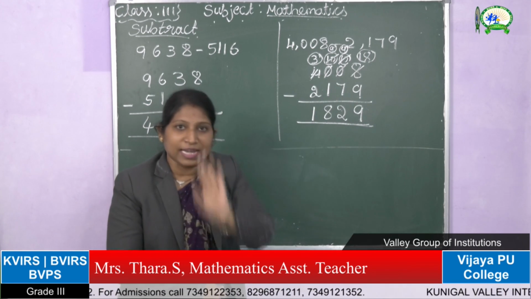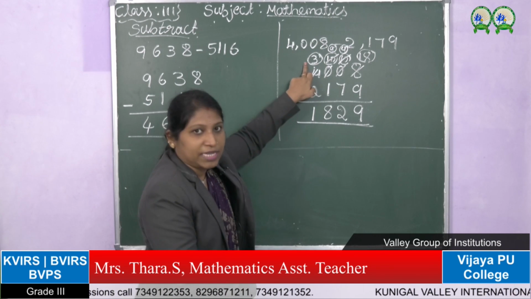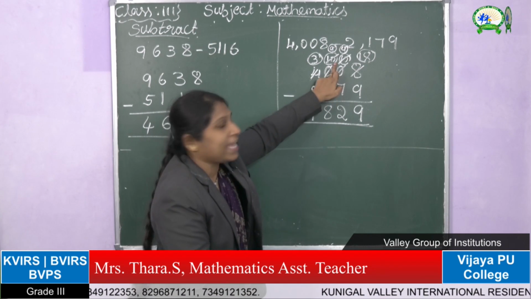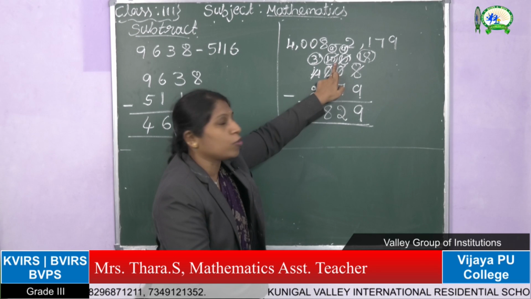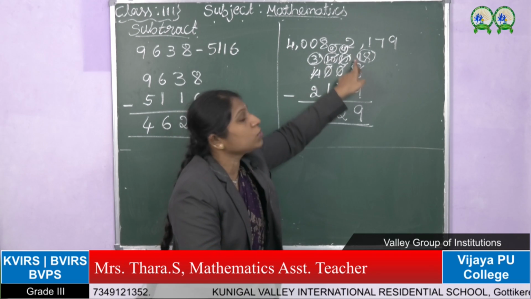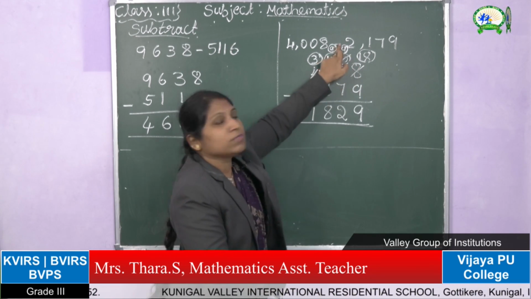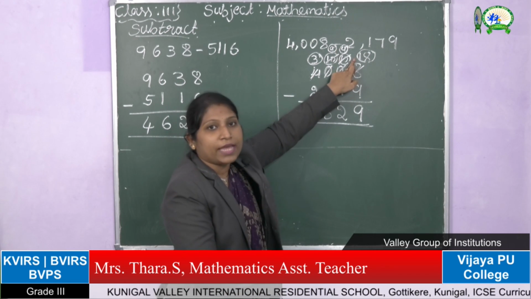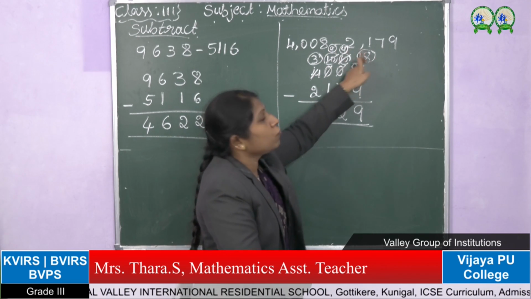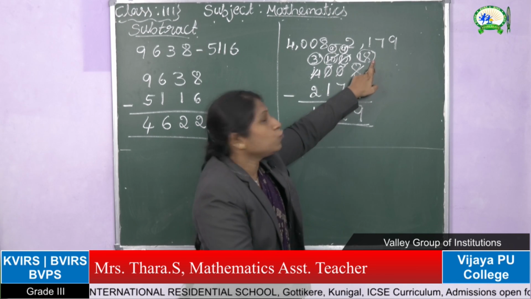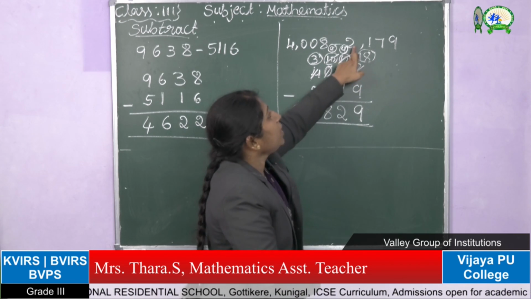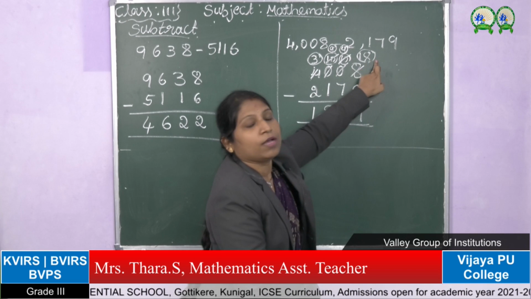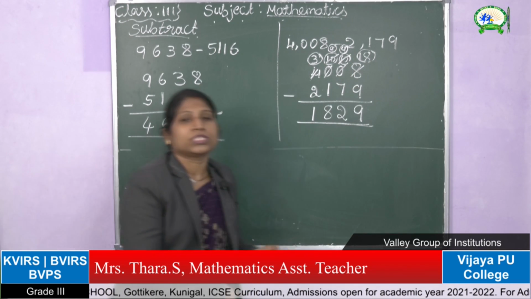So 4 becomes 3, and this 0 becomes 10 by taking 1 borrow. Then when it gives 1 to the next, 10 becomes 9 and the next 0 becomes 10. Again when it gives 1 to the ones place, 10 becomes 9 again and 8 becomes 18. Then you can start to subtract, children.